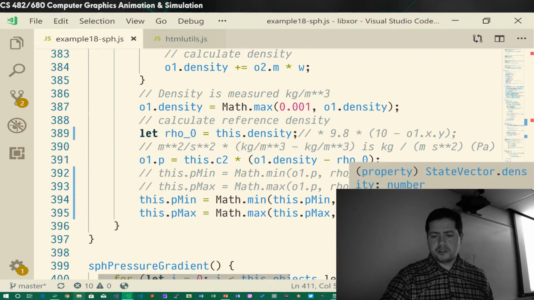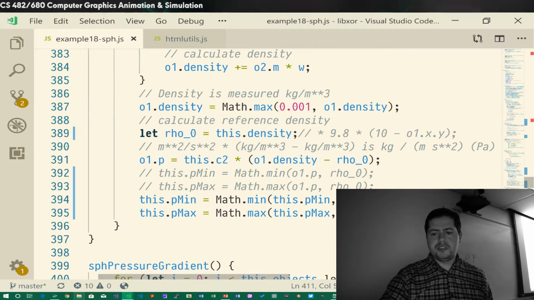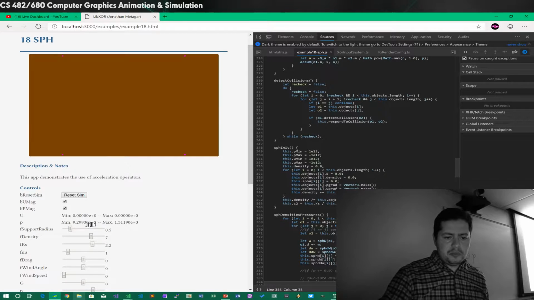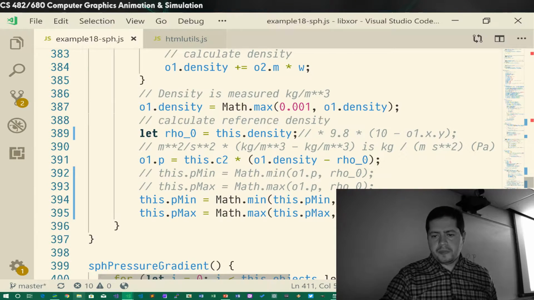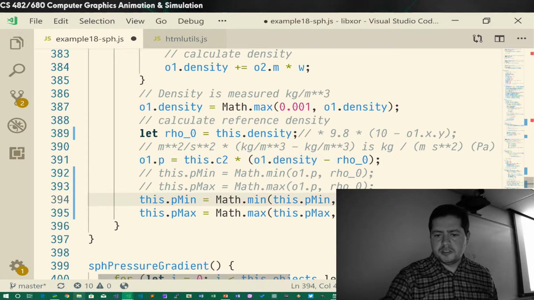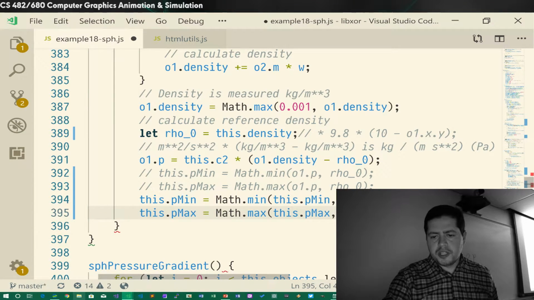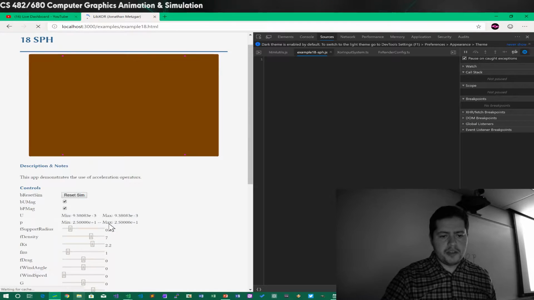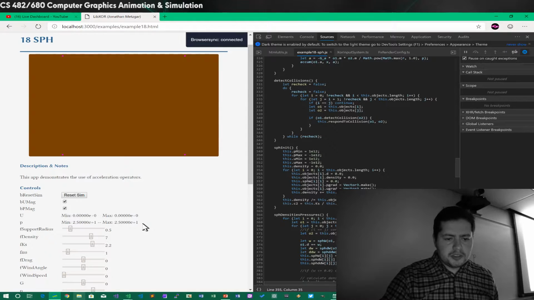Okay, we were calculating density minus rho 0, the p min. This is still really high numbers, and let's just quickly see if rho naught is changing. I don't think rho naught should be changing, but our rho naught value is basically what, 250?